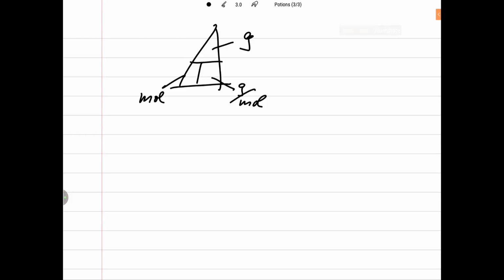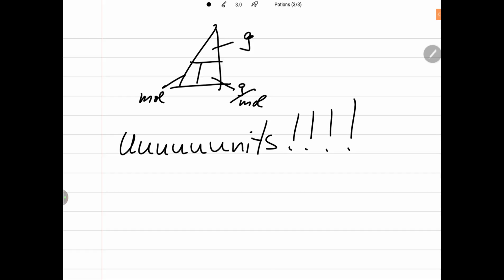So it's what I always find myself writing on exam scripts. This is when people totally abuse units.